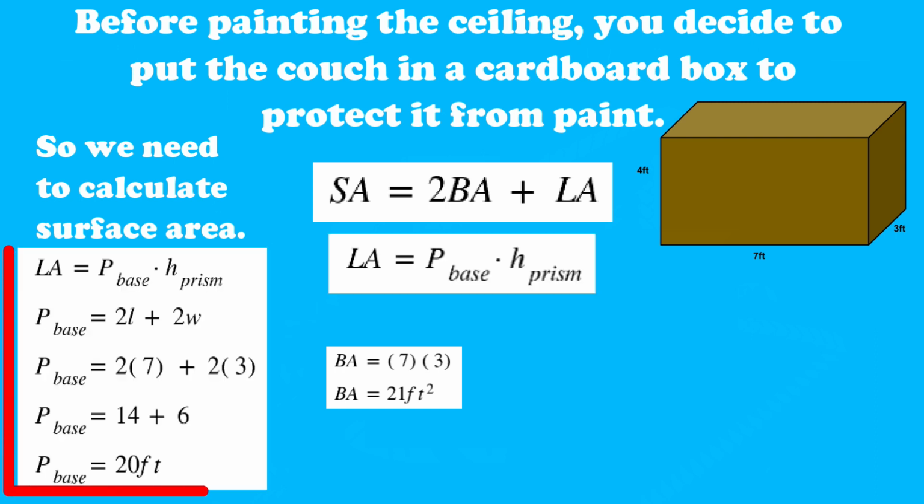Now let's calculate the lateral area. Twice the length plus twice the width of the base. 2 times 7 plus 2 times 3. 14 plus 6 gives us 20 feet as the perimeter of the base.